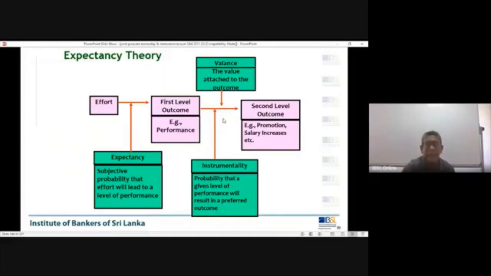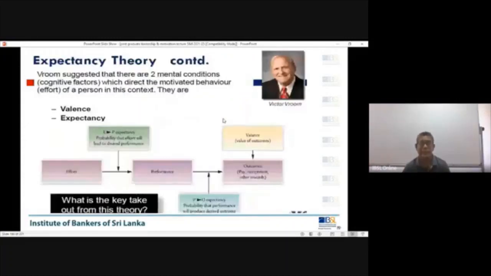Now the second part, if you further analyze this Victor Vroom theory, he identified, as I explained to you earlier, two mental conditions. Mental means cognitive, which direct the motivated behavior. What are the two things? Valence and expectancy.